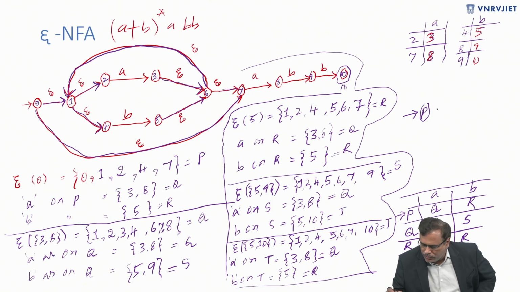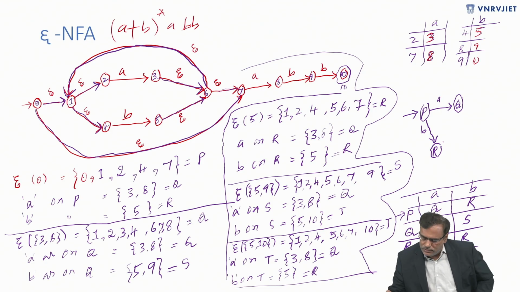P on A, you can go to state Q. P on B, you can go to state R. States are denoted with capital letters here. Q on A, you can go to Q itself. Q on B, you can go to S.